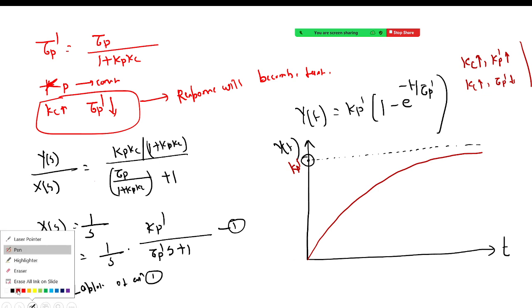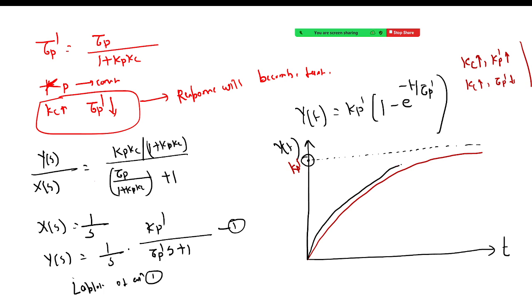So you will see this kind of plot would be there. It will go like that. I'm just drawing here.